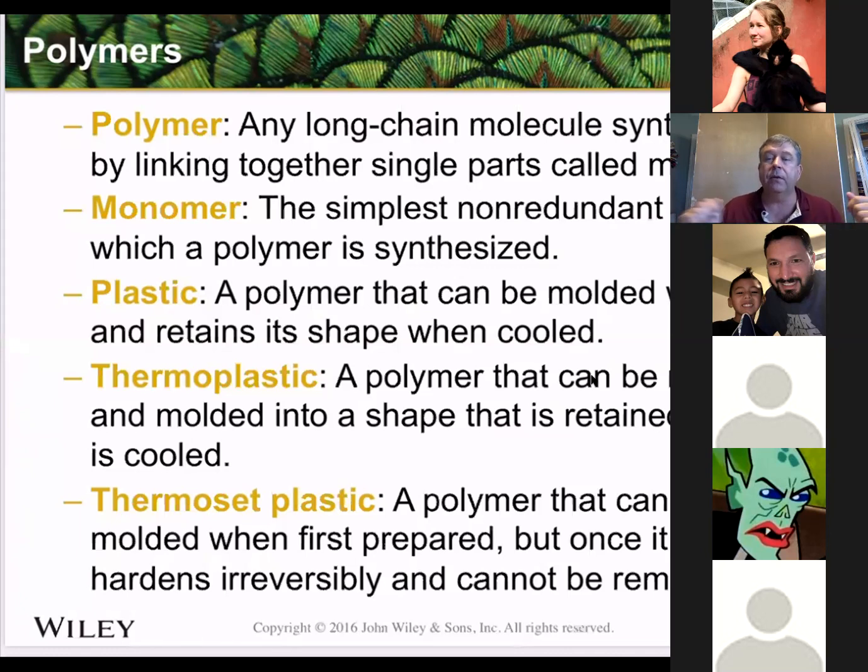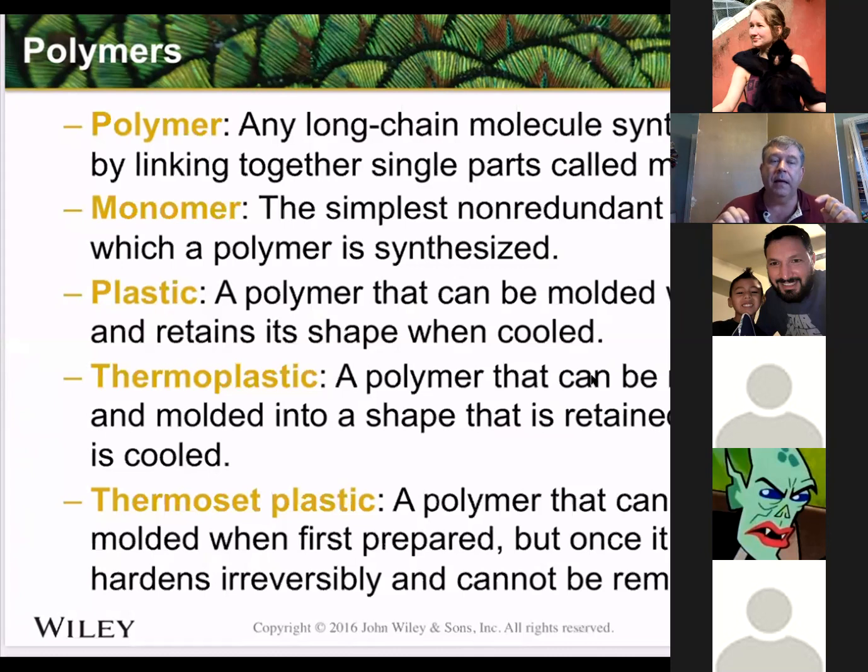Just like we added different things to different groups in our nomenclature, we have mono, di, tri, tetra. Okay, after it gets so big that you don't want to really count it, you call it a polymer, just many mers. Okay, so that's the whole concept, the difference between a polymer and a small molecule.